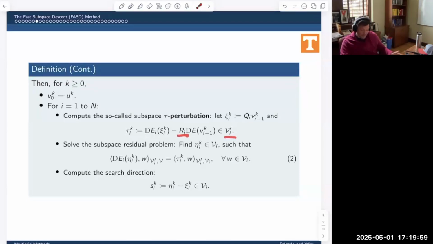So this RI just represents the pushing of the derivative of this object, which is in V prime, into VI prime. That's what a restriction operation does in this energy setting. So this tau perturbation doesn't look like the previous tau perturbation, but it is entirely the same.